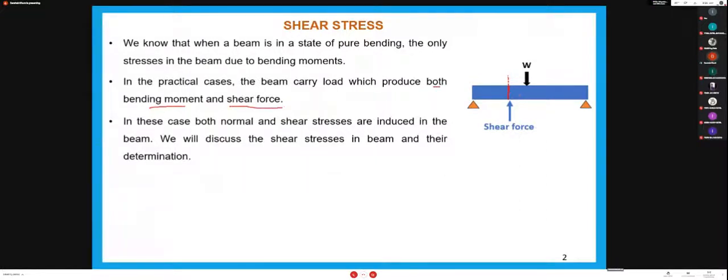Means for any beam, if any loading is there, it produces the bending moment as well as the shear force, which we have seen in this diagram. There are some particular values of shear force and of bending moment. So in this case, both normal and shear stress are produced in the beam, and we will discuss the shear stress in beams and their determination.